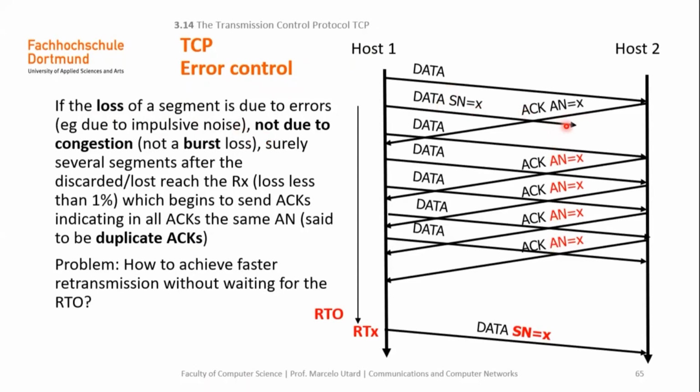Then each time the data arrives at the destination, the receiver will send an acknowledgement indicating that the receiver expects to receive the segment that was dropped or lost in the network.